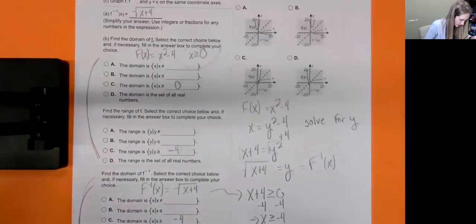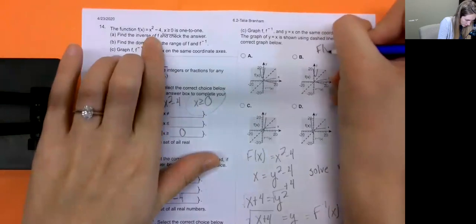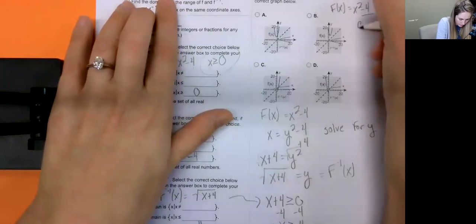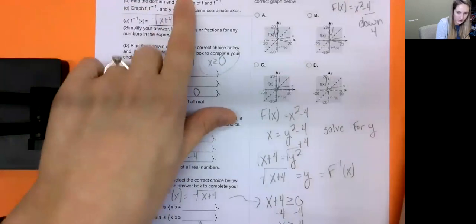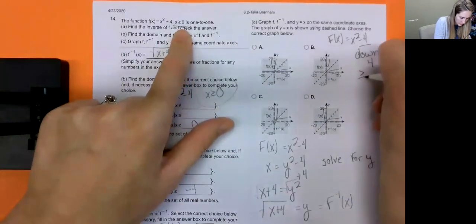So when we go to graph this one, let's look at our original function, x squared subtract 4. That subtract 4 tells me it's going to be moved down 4. And then they gave us this restriction in our domain that it's greater than or equal to 0.